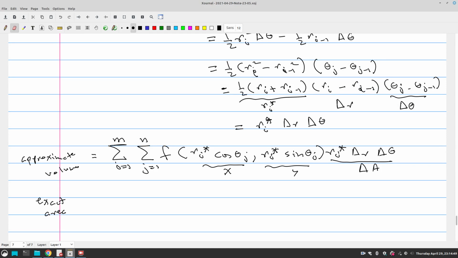The region below the graph of f and above the xy plane.